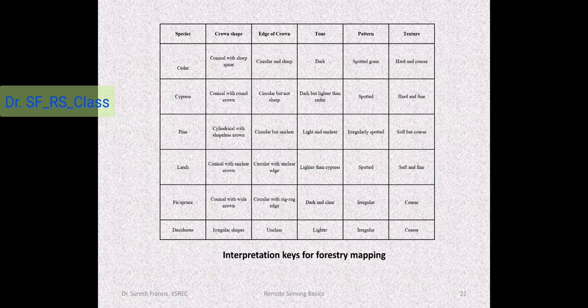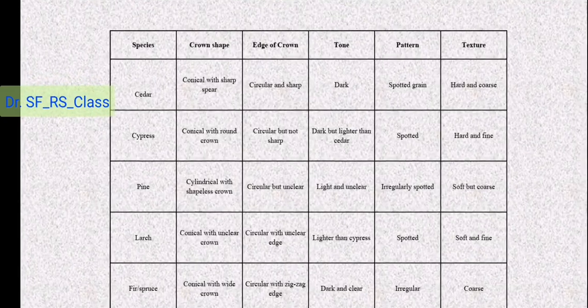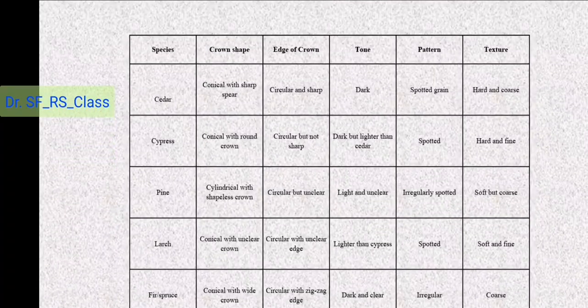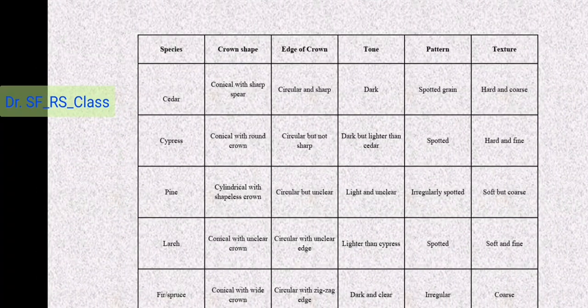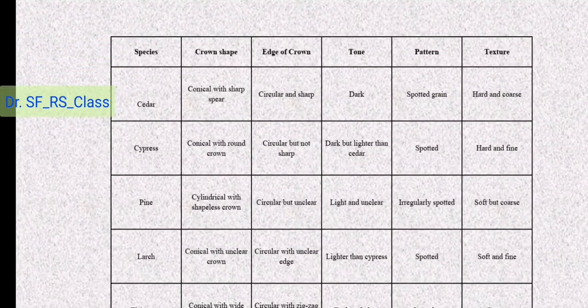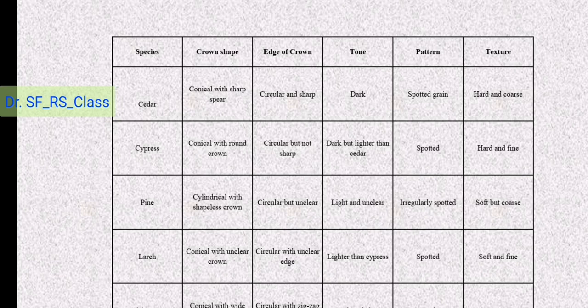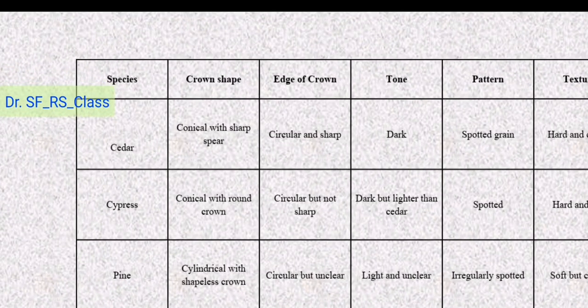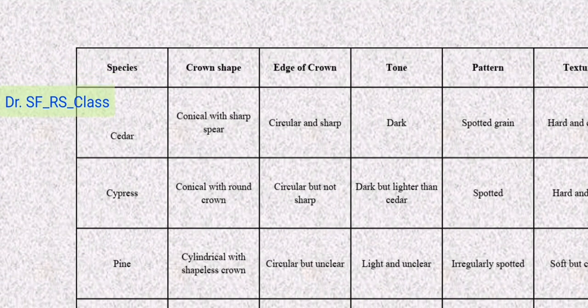Here you can see some examples of the interpretation of different forest types. You can see the top portion of that grid. Your first column represents the species.